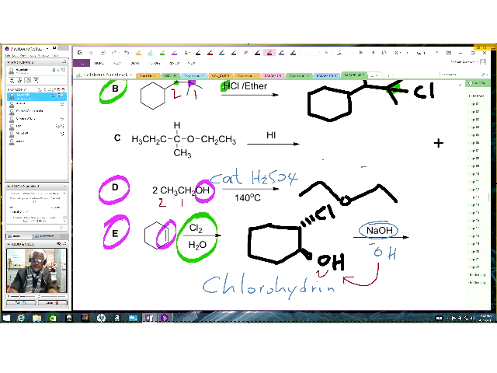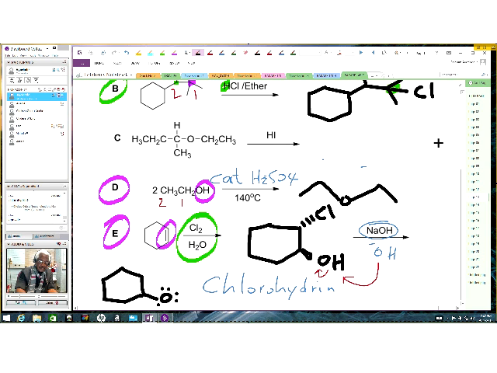So in essence, you are going to get this here. You don't have to write the mechanism, but I just want to explain this to you so you know exactly how that happens. Okay, so you get that. Keep in mind these are trans to each other. You now have an alkoxide.